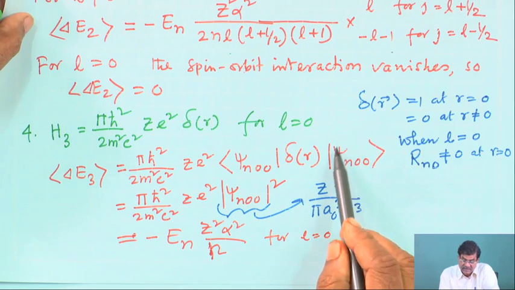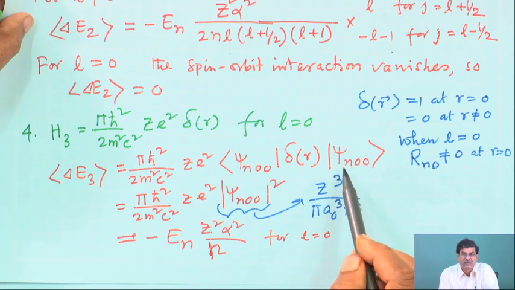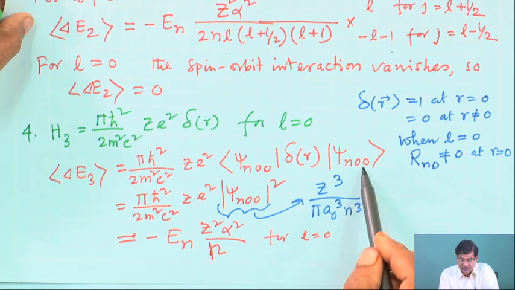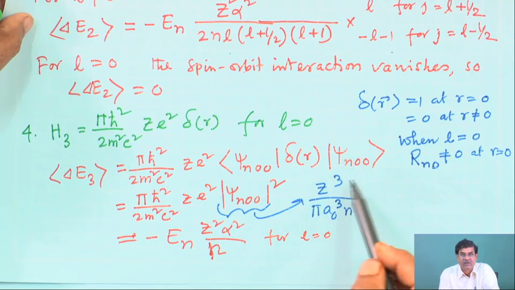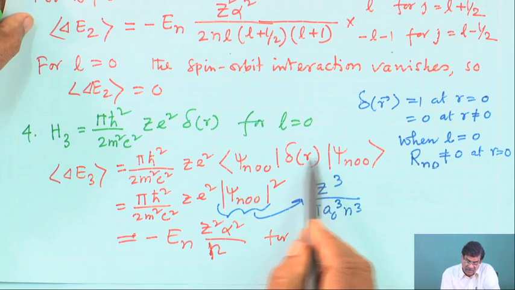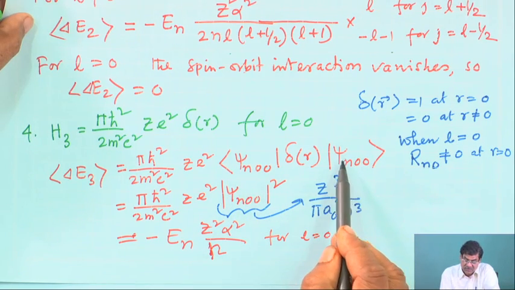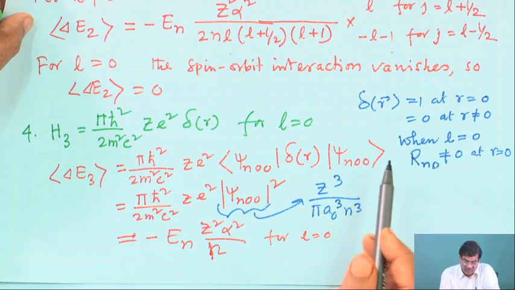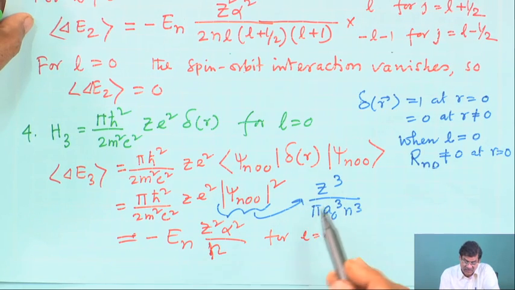So only this term exists when L equal to 0, and when L is not equal to 0, this term will not exist, so del E3 will automatically be 0. If you evaluate this, psi n 0 0 means R n 0, the wave function that we have seen for the hydrogen atom.